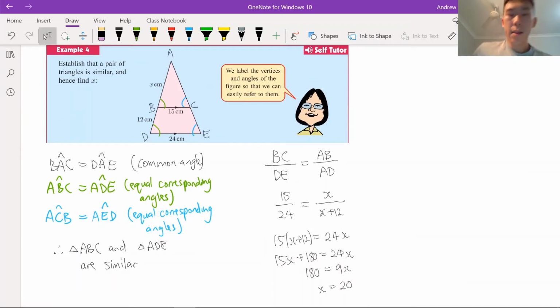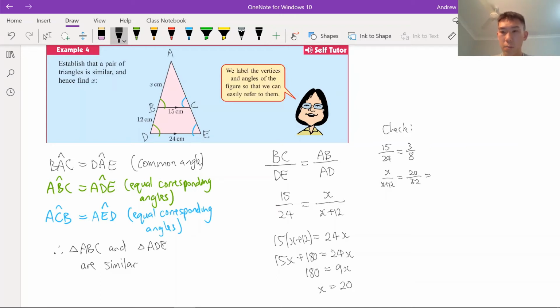Alright, and you can sub these back into your ratio to check whether or not you do get the same scale factor. So we can quickly do that. See, 15 over 24, if we simplify that, that equals 3/8. So we can do a little check. And then if we do x over x plus 12, now that gives us 20 over 32.